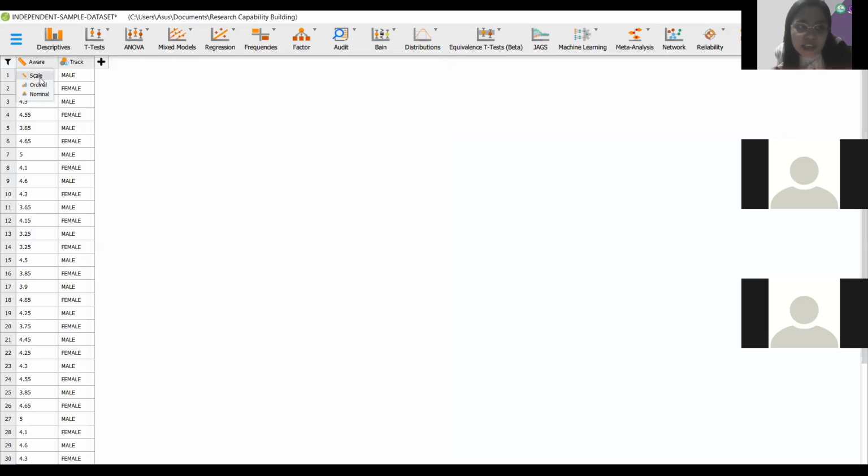So for the level of awareness, naka-scale yan siya. Though Likert scale yun, remember that these are already the mean scores. So di ba sabi ko, pag mean scores na siya collected from your survey, magiging scale na siya. So tama itong scale, hindi na siya ordinal. Pero itong track, remember, we have no numerical data here, instead classification only, male and female. So tama din ito na naka-nominal. Okay? Now, let's do the t-test.